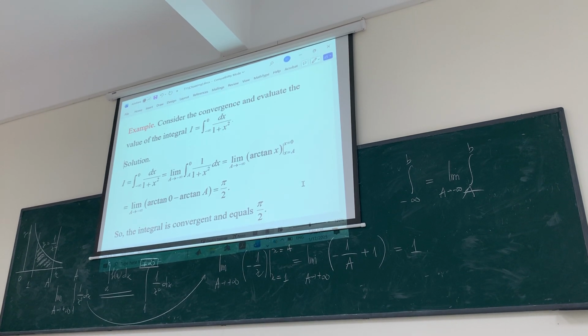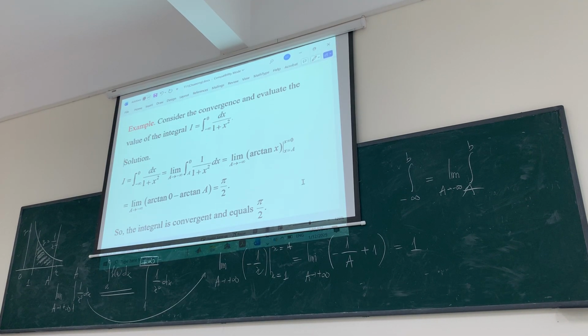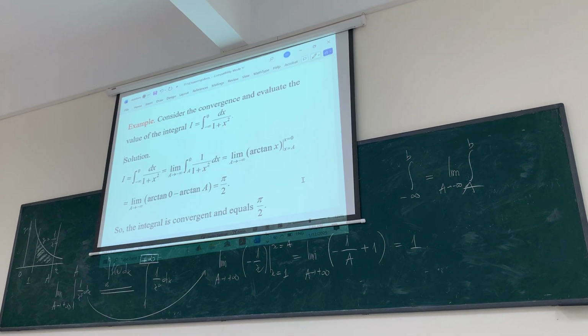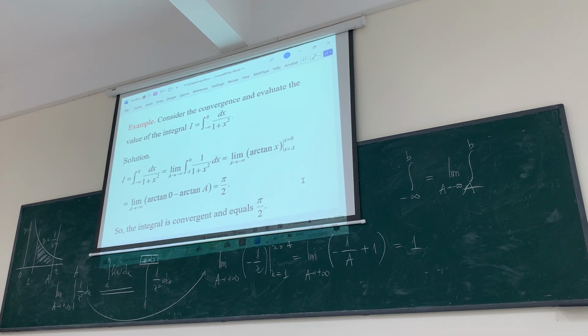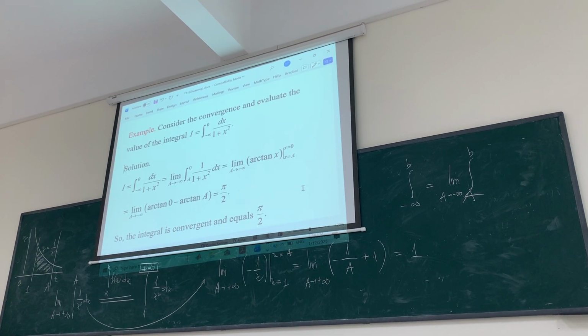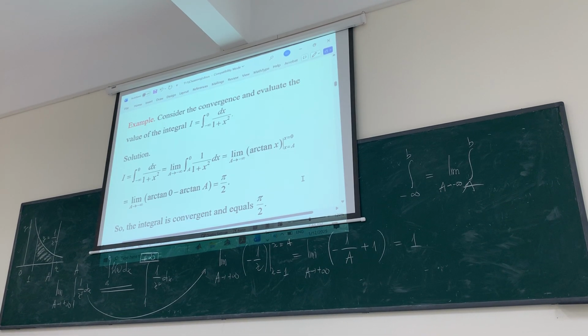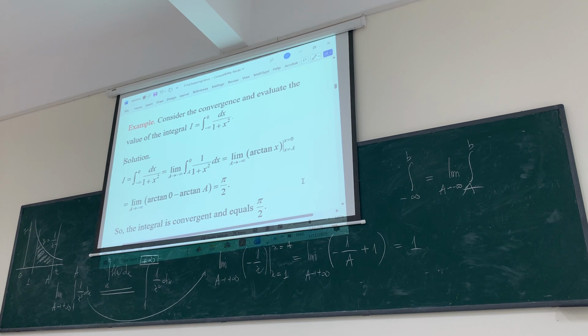We don't base it on the limit of the definite integral, because evaluating a definite integral is not easy. So to check whether an improper integral is convergent or divergent, we need some properties, not based on the limit of the definite integral.